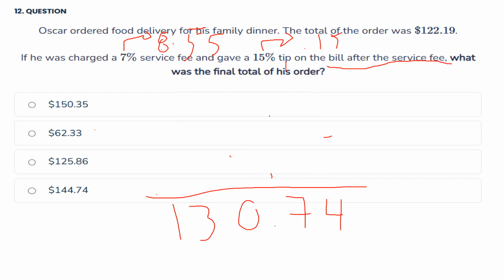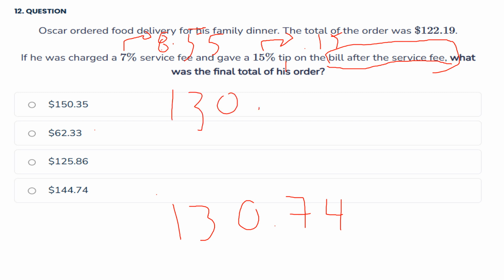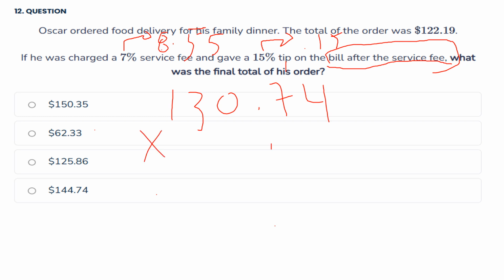So what I'm going to do with that number is multiply that 15% tip to that amount because, as I stated before, this part right here is very important. So now I have to multiply this $130.74 by 15%. So we're going to write it here, 130.74. I'm going to get rid of this down here because I need that space. And I'm going to multiply that times 0.15.